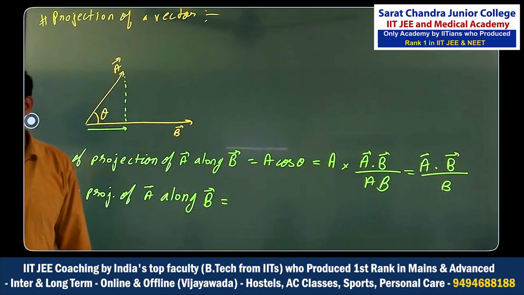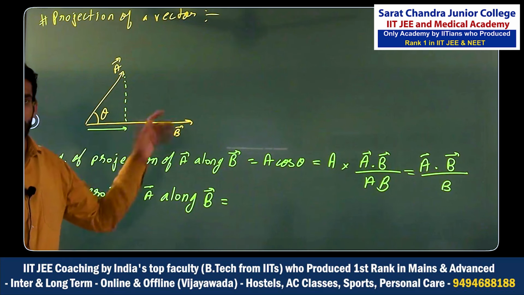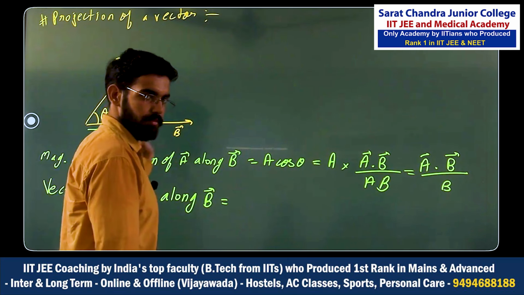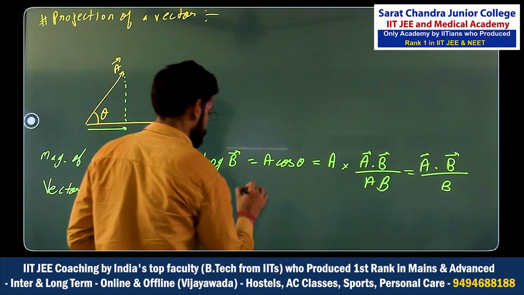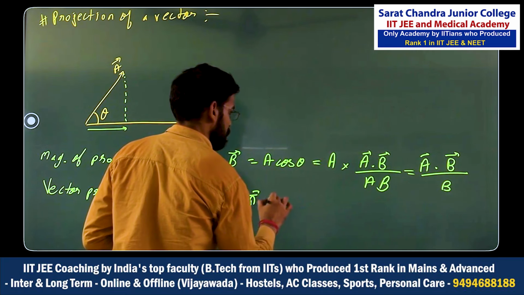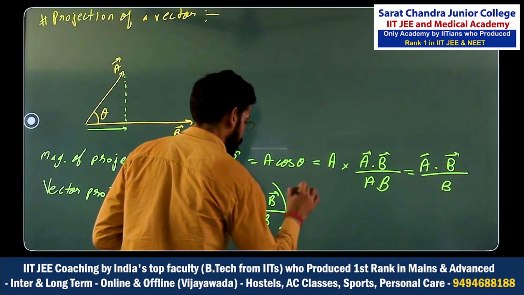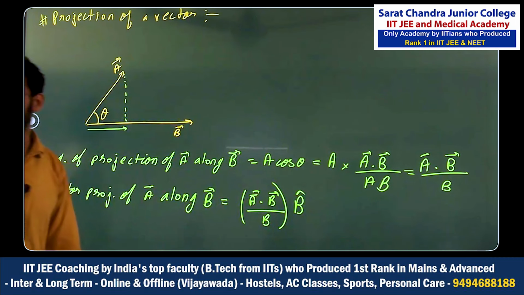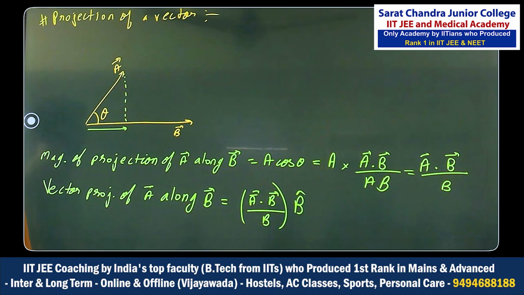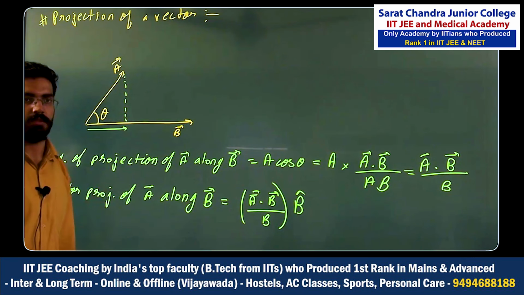Direction is what? B cap, along B, right? So that is the magnitude, A vector dot B vector divided by B, and direction is B cap. That's in vector form, okay, correct. This is the along projection.